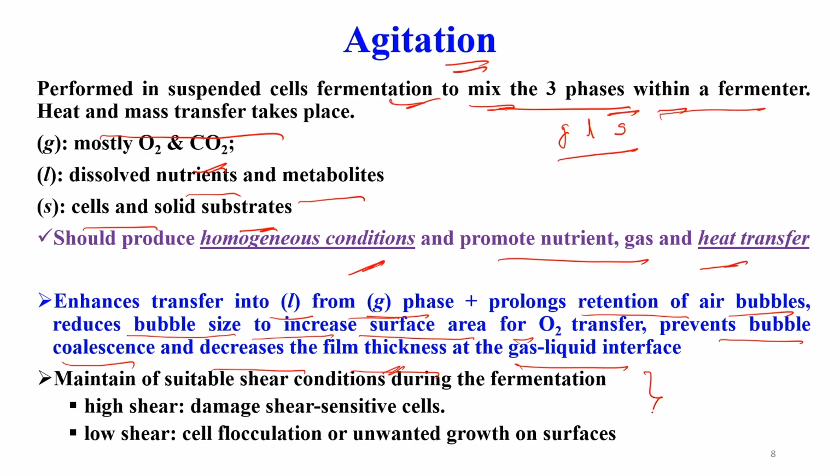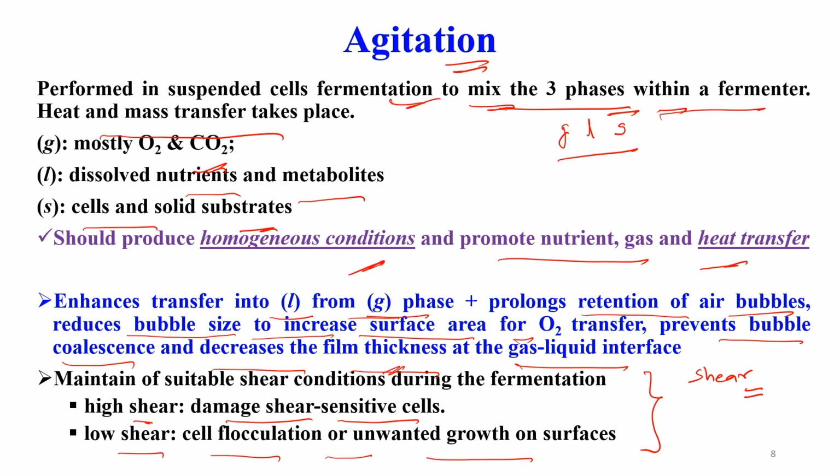In addition, if you go for better mixing, or a higher rate of mixing, then it will give better aeration, but at the same time it imposes shear. High shear can damage the shear sensitive cells, and if there is low shear then it causes cell flocculation or unwanted growth on the surface.